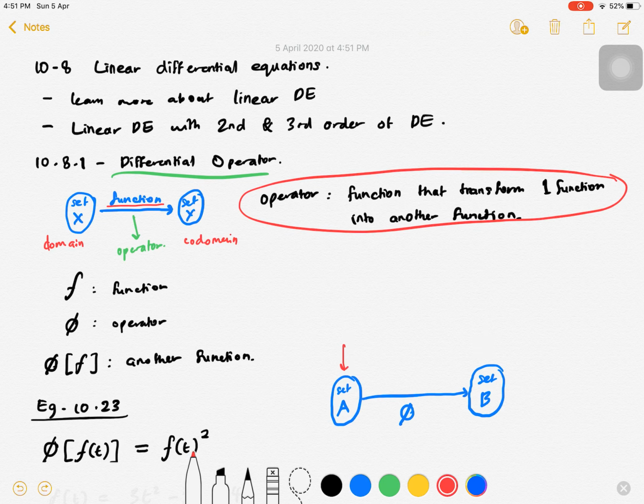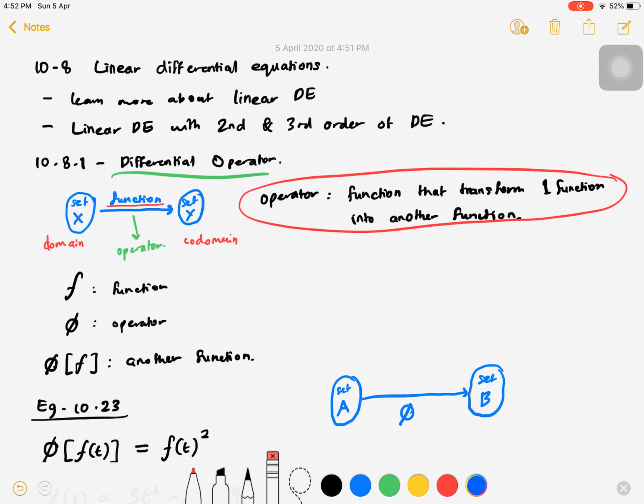set A contains a number of functions, or a set of functions. It can be 10 functions, and set B is the outcome, another function created when functions in set A go through a function, and then it will create a new set of functions. So set A and set B have different functions.